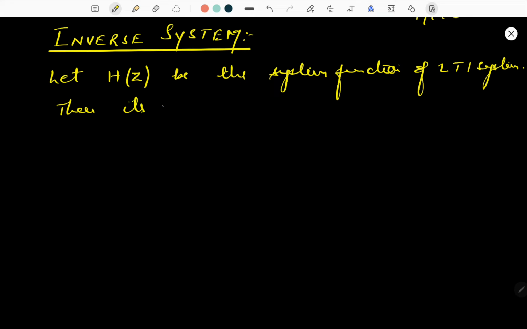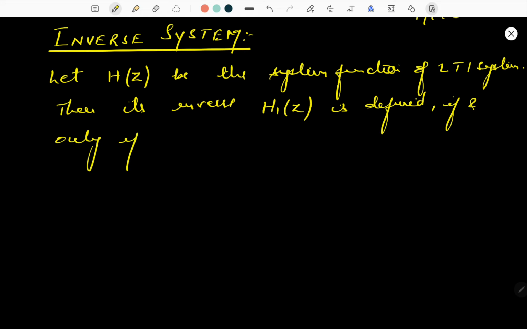Then its inverse, which should be H1(z), is defined if and only if the overall system function is unity.